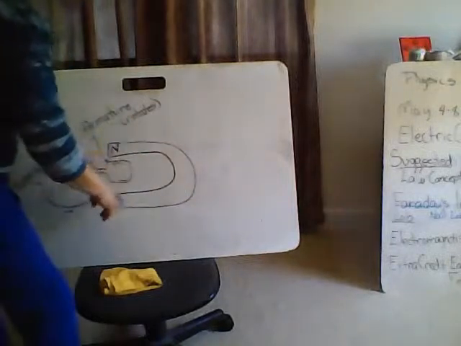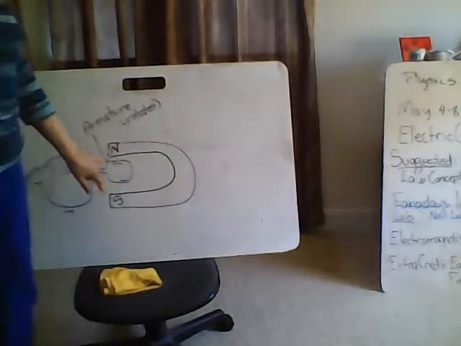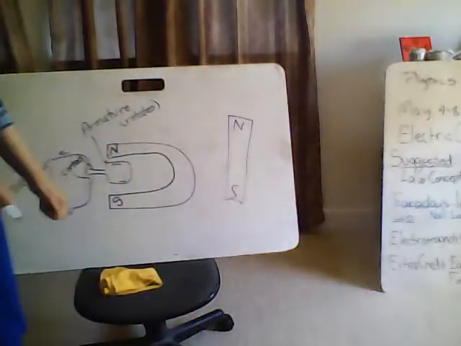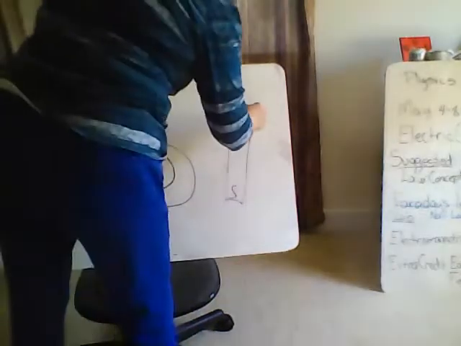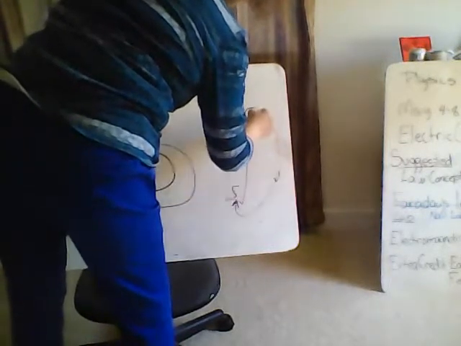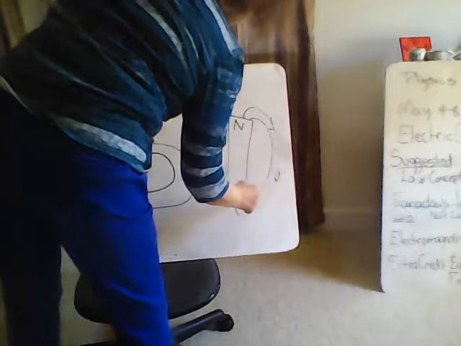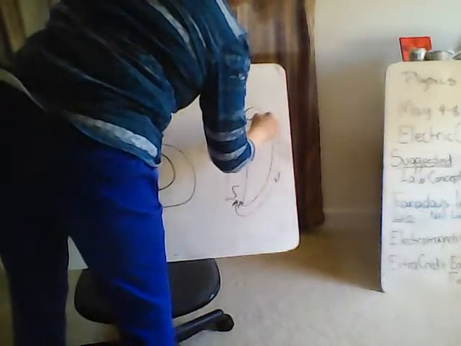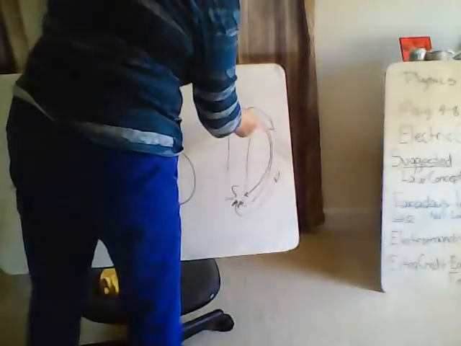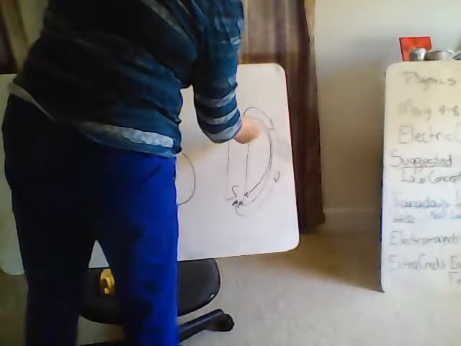So we're using a horseshoe magnet. Why would we want to use a horseshoe magnet instead of a bar magnet? If we have a bar magnet, we have the field lines going from north to south. Can you see that you have a concentration of the fields at the ends?